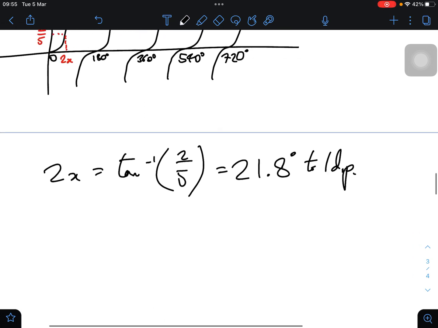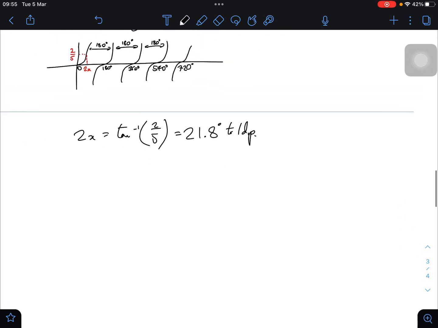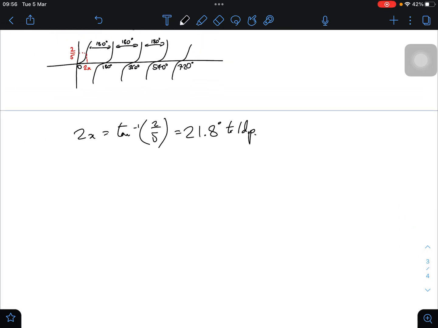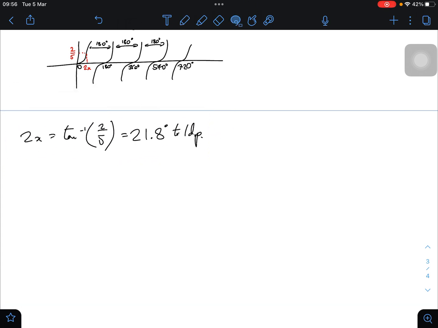Now I need to find the other ones. Well, the other ones are just all adding pi. So really the other solutions are just going to be 21.8 plus 180, 21.8 plus 360 degrees, 21.8 plus 540 degrees.